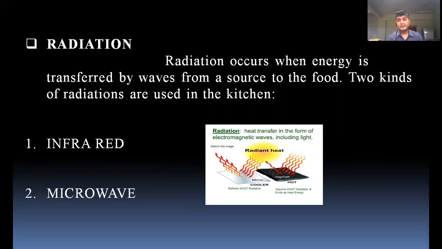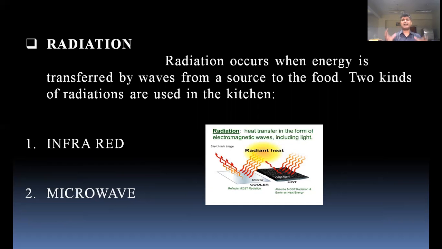Concentrating on this point, radiation occurs when energy is transferred by waves from a source to the food. Now, there are two types of radiation used in the kitchen. First is infrared, second is microwave.